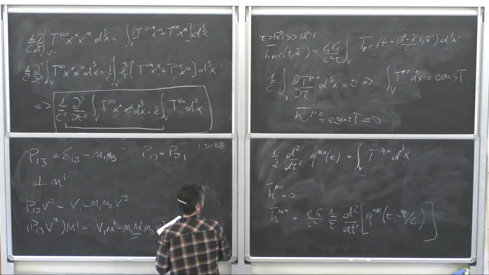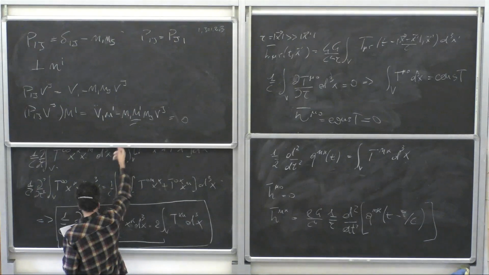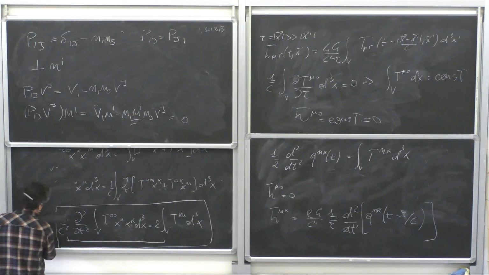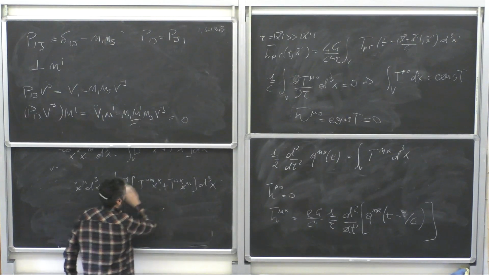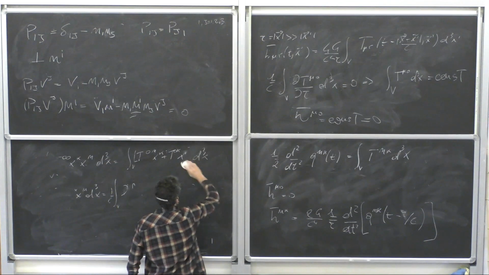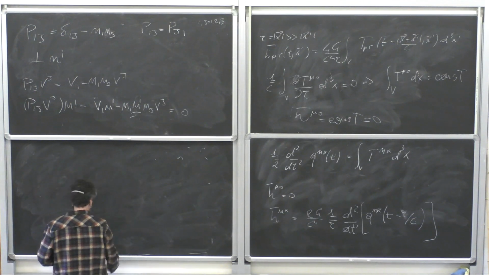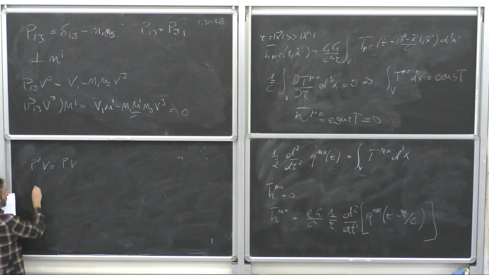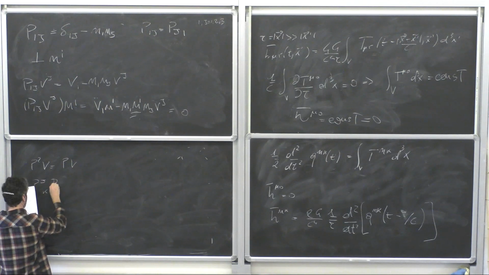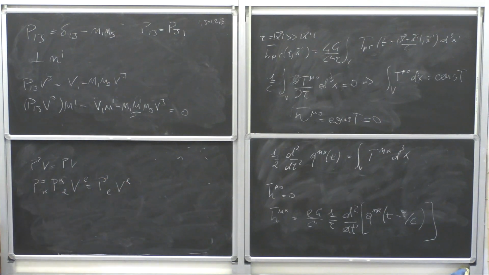And also P squared V is equal to PV, or in terms of coordinates, these are all identities that you can try to prove alone, very easy.